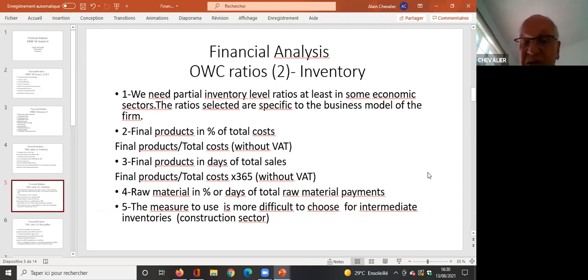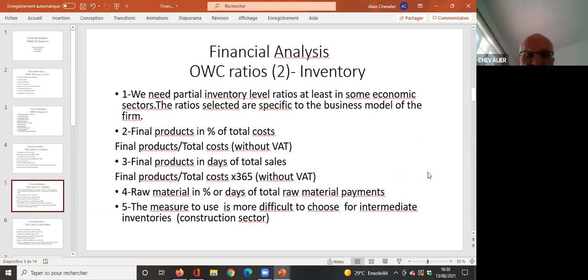And you have several proxies, and at the end, with several proxies for the largest category of the assets, you get bias in your calculations and in your diagnosis and in your performance measures. So this is one of the main problems.